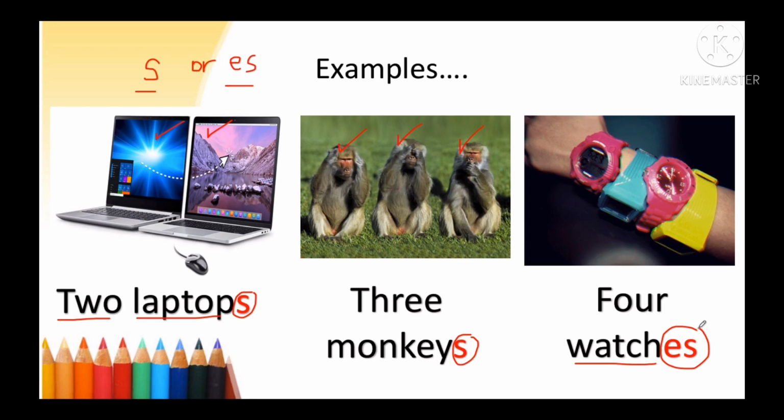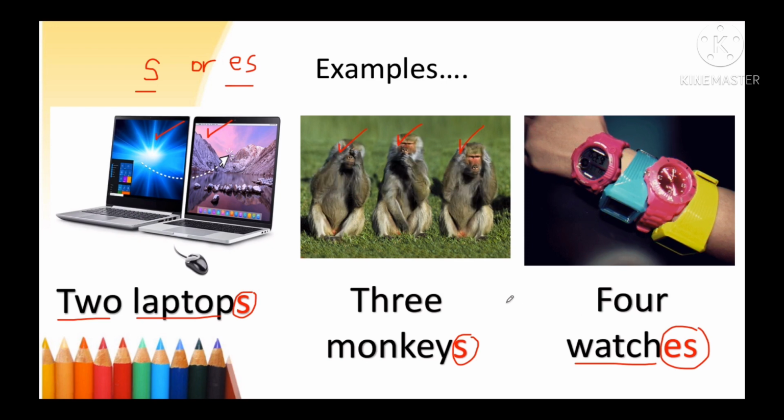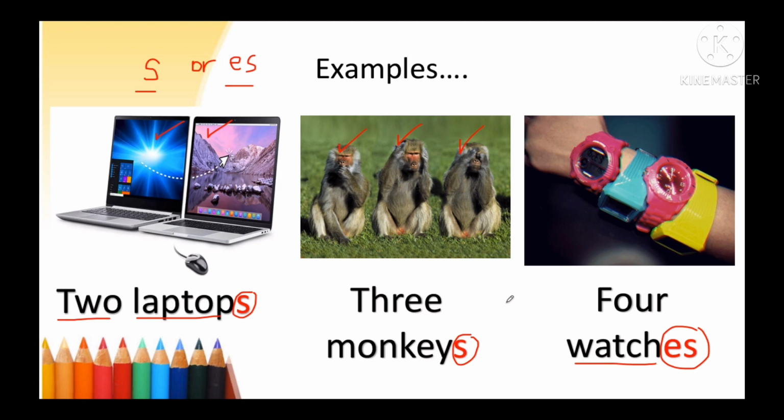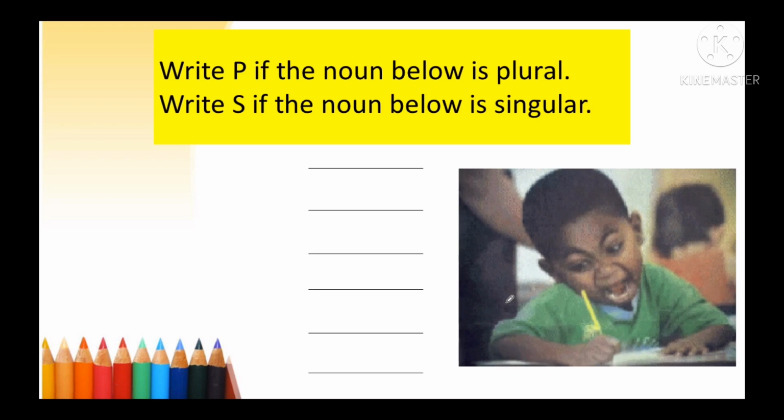Did you understand? Okay, let's see if you really understand this. Prepare paper and pencil now, and then try to answer the following. Write P if the noun is plural.